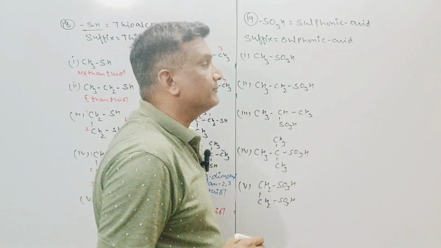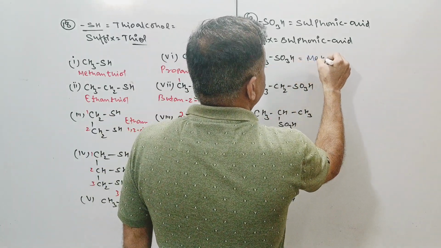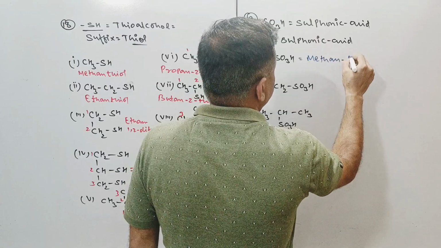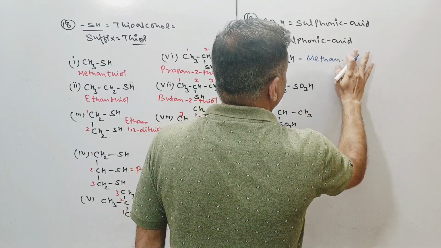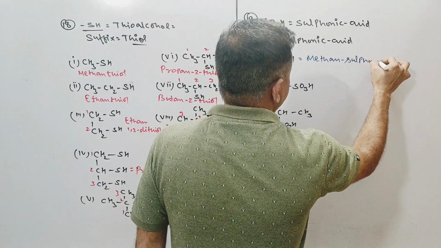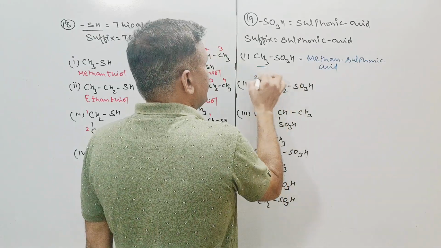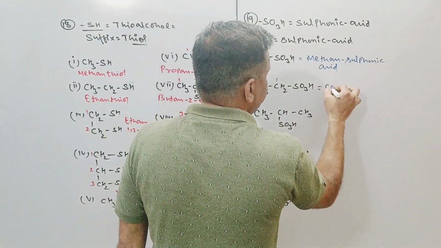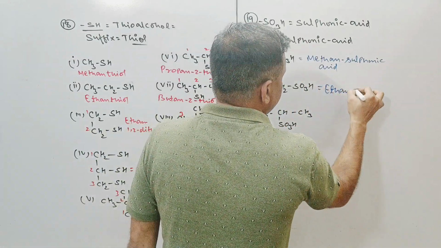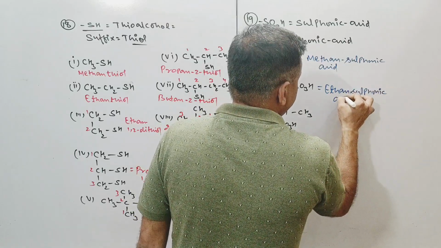For the sulphonic group, here is one carbon atom, so it will be meth, single bond an, and just sulphonic acid will be the suffix. So methane sulphonic acid. Here it will be ethane sulphonic acid.